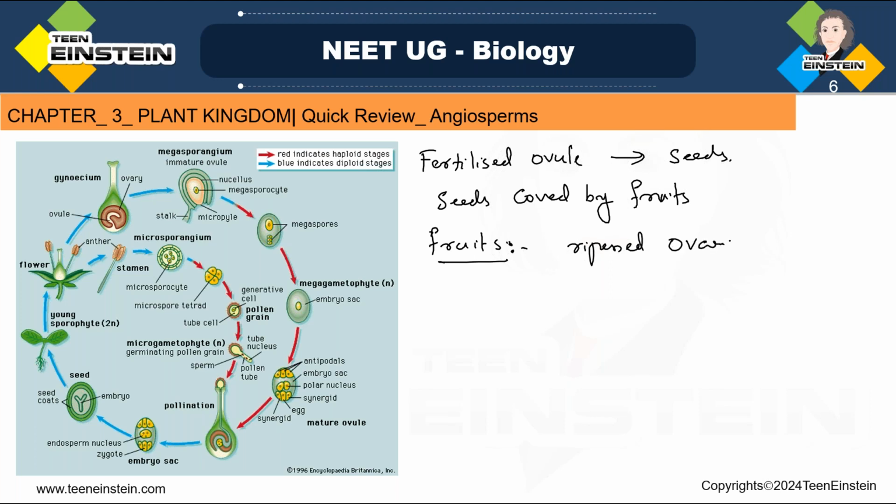So a fruit is a ripened ovary. What is the function of fruits? They are protecting the seed, right? And they are helping with seed dispersal also.